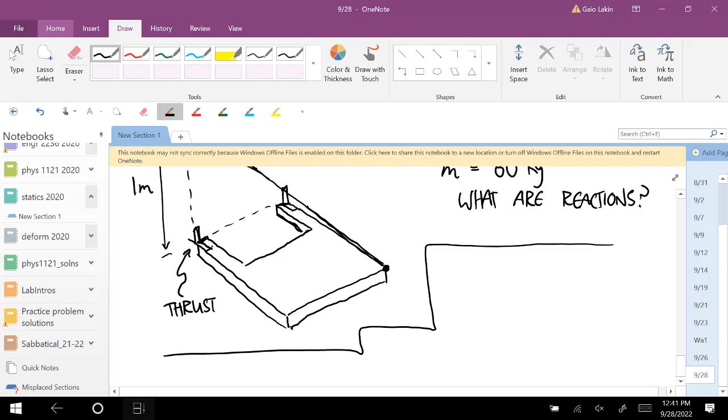Because this is missing, the centroid is going to move up this way a little bit, and that's going to change the moment that it applies. That's just the subtraction in one direction. Yeah, or addition. You could do it as adding 3 pieces or subtracting 1 piece.